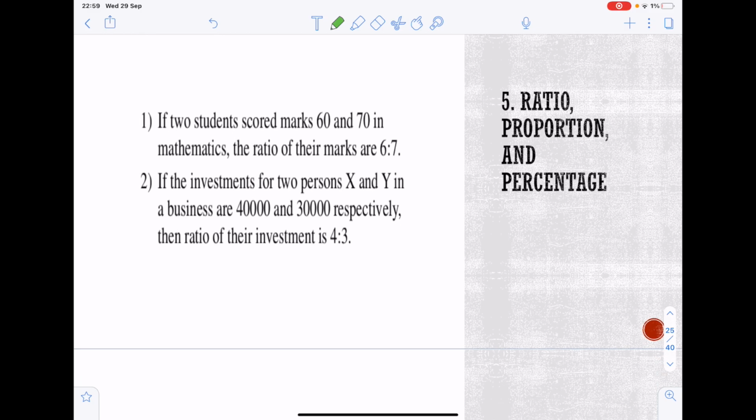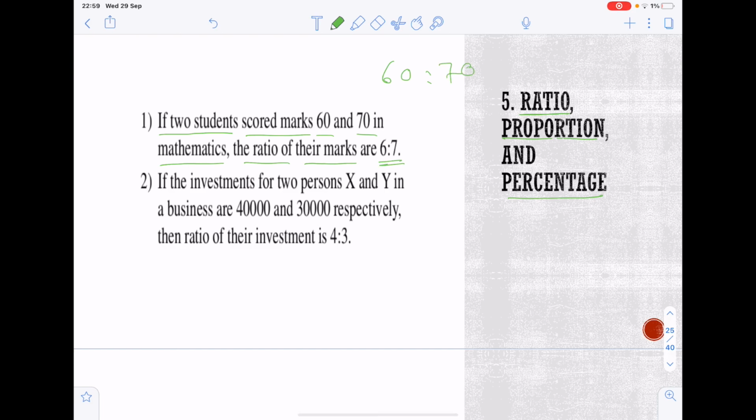Okay. We have also the ratio, the proportion, and the percentage. For example, if two students scored marks 60 and 70 in mathematics, the ratio between these two marks is 6 to 7. It's 60 to 70, but we usually write it in the simplest form.